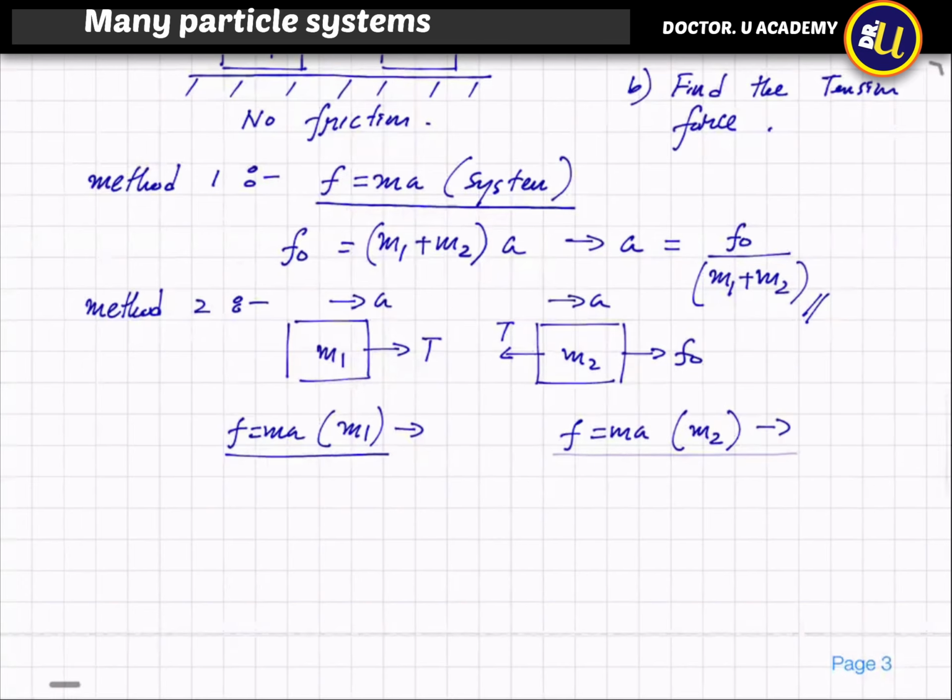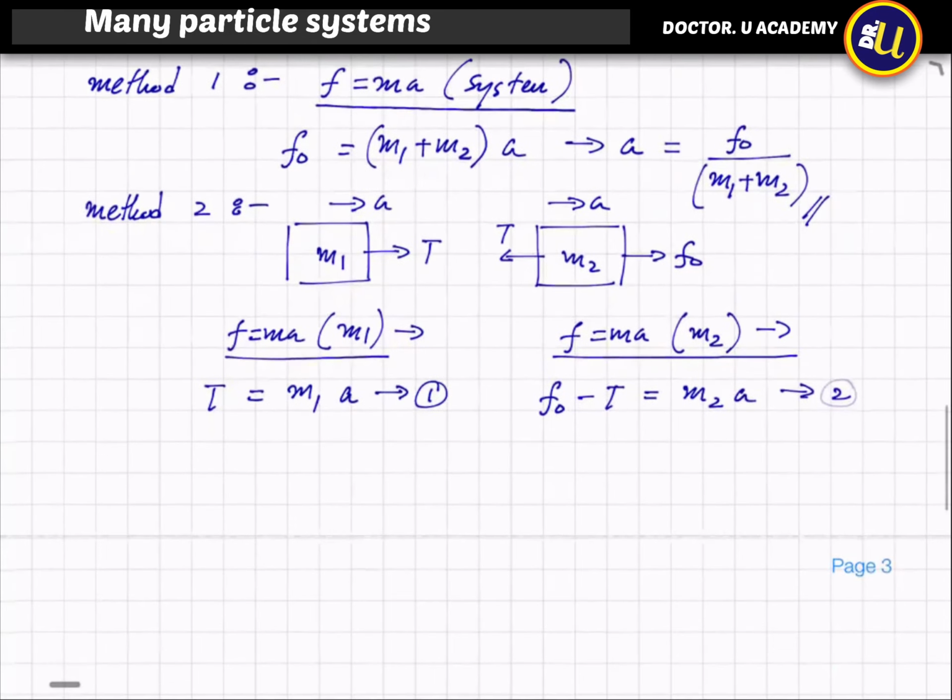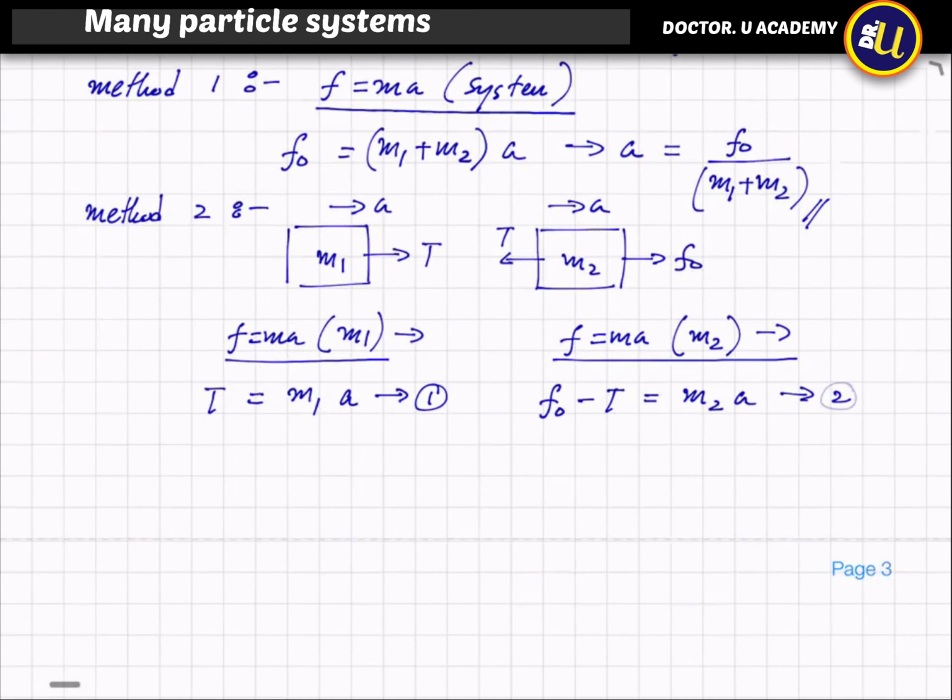Now F on M1 would be T, equal to M1A, and that is your first equation. For the second object, what is the F net force? That would be F0 minus T is equal to M2A. So that's your second equation. Now if you want to find A, you can add those two equations, 1 plus 2.